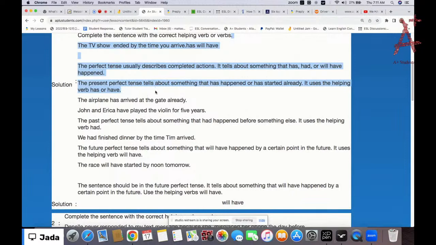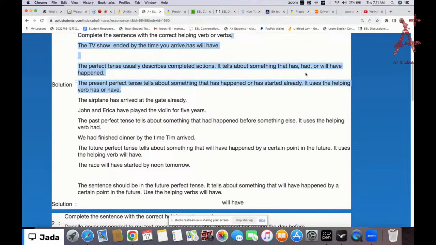So completed actions. And it tells about something that has had or will have happened. Something that would have happened by this particular time. So you say, by this time next year, or by this time tomorrow, what will I be doing?